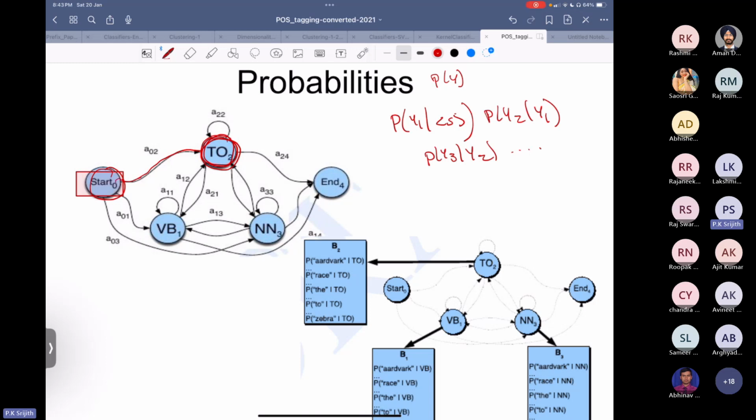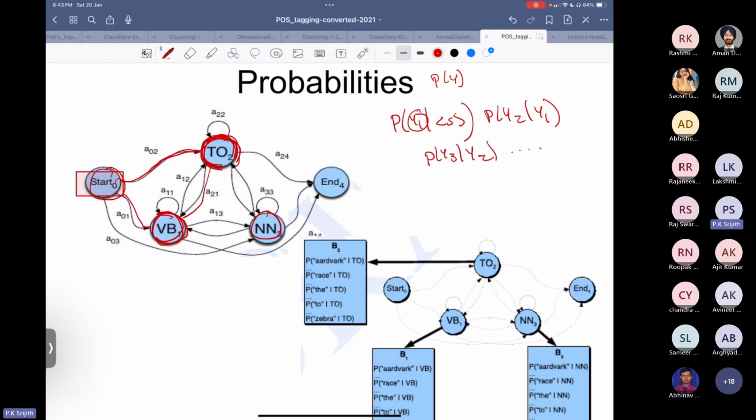So from a start state, you go to y1. Now y1 could be a verb, or y1 could be something like 'to'. And from this y1, you have a probability distribution over some possible labels. So if your y1 is 'to', then from there you have some probability of moving to a noun state, or some probability of moving to a verb state.